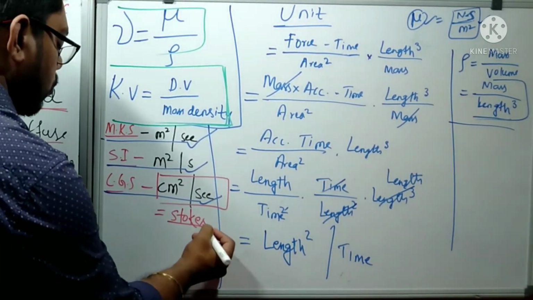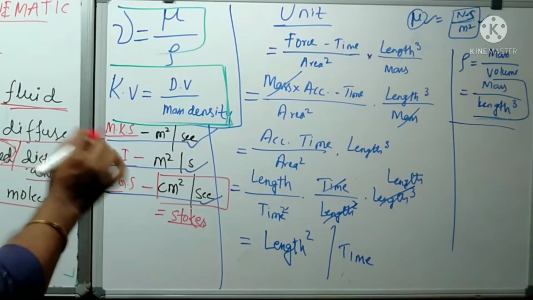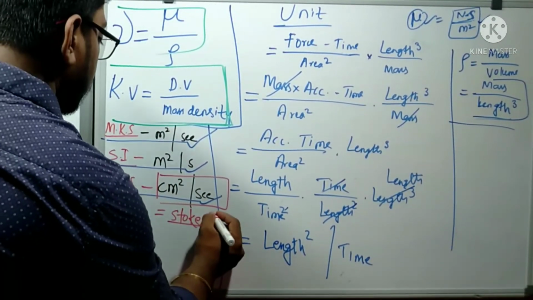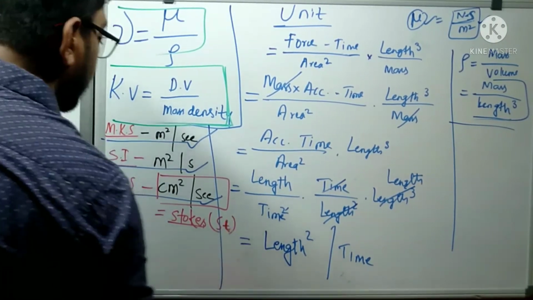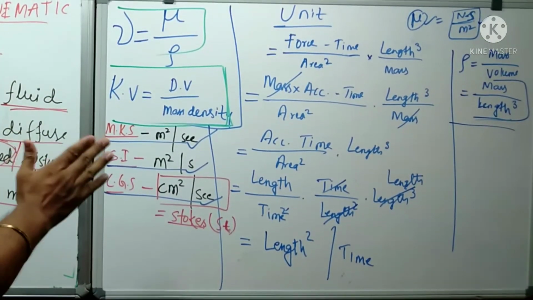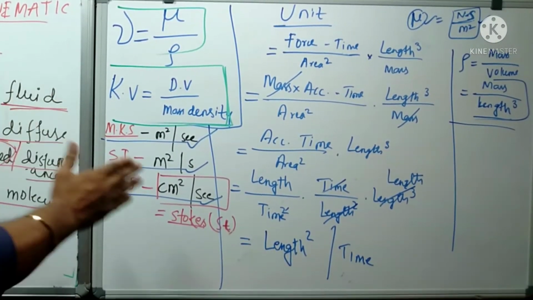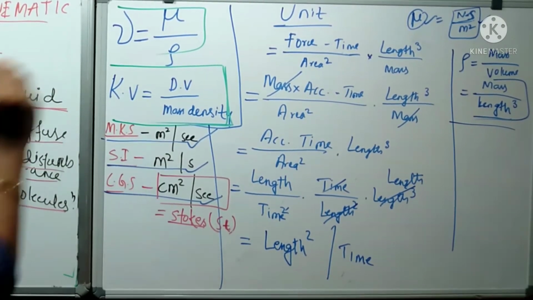This CGS unit, centimeter square per second, is also known as Stokes. Remember, Stokes is always plural. It is represented by St. Okay. The CGS unit centimeter square per second is also known as Stokes.